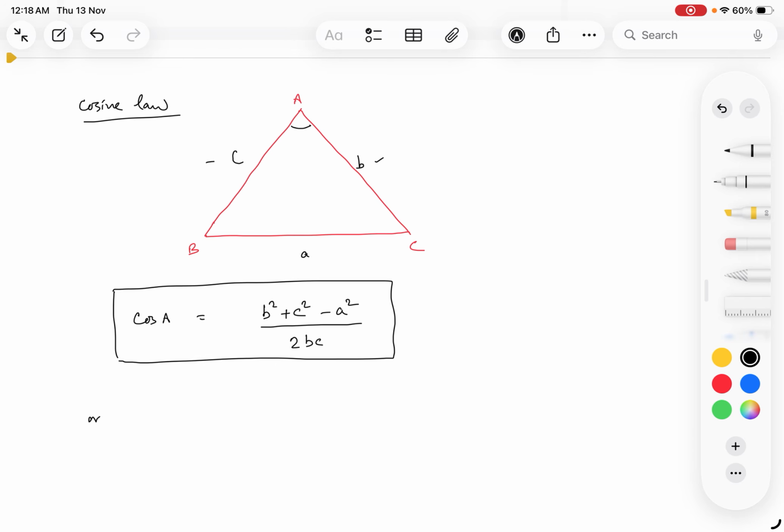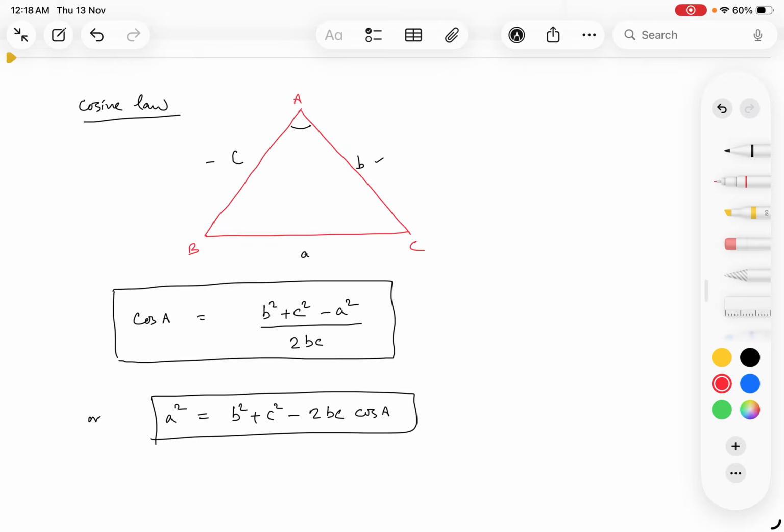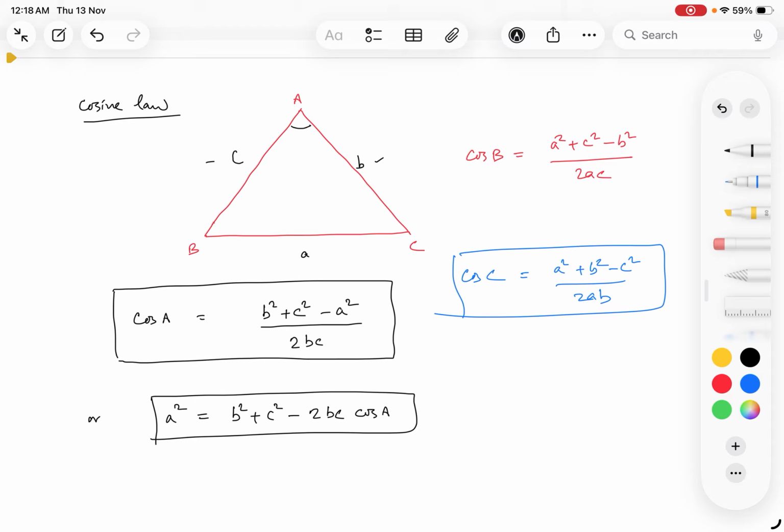Or you can also say that a square is equal to b square plus c square minus 2bc cos of angle A. Similarly, we can use the same formula for other angles also. If I need to find cos of angle B, I will write a square plus c square minus b square over 2ac. Or if I need to find cos of angle C, I will write a square plus b square minus c square over 2ab.